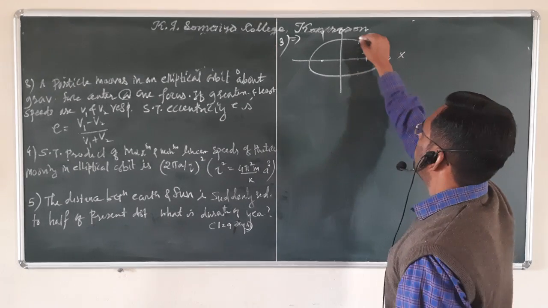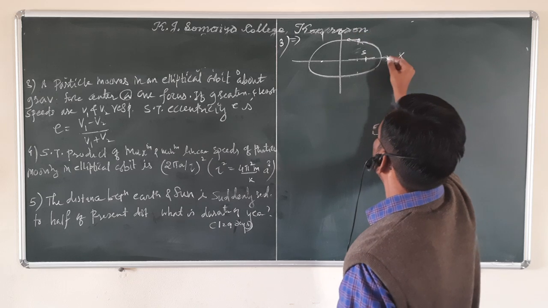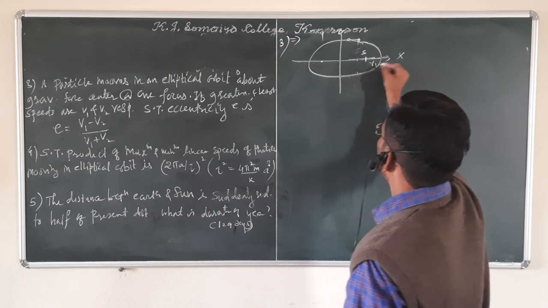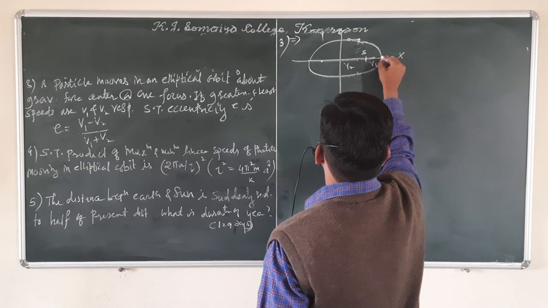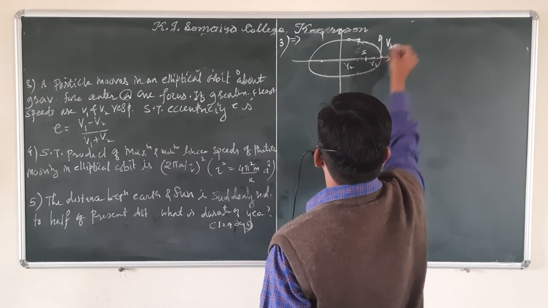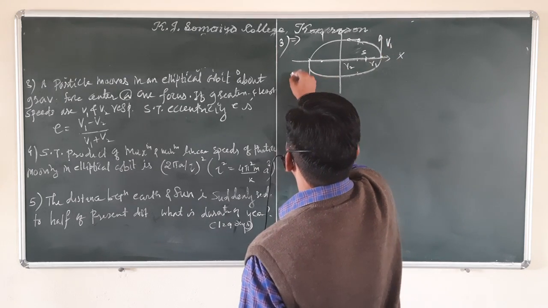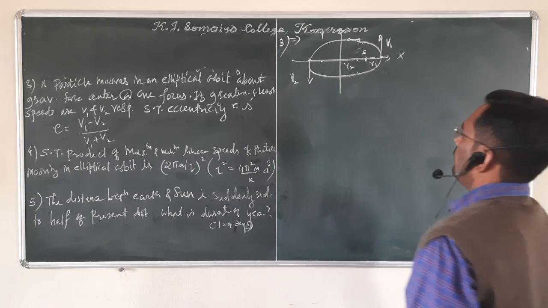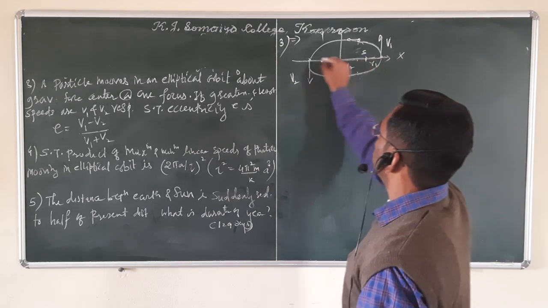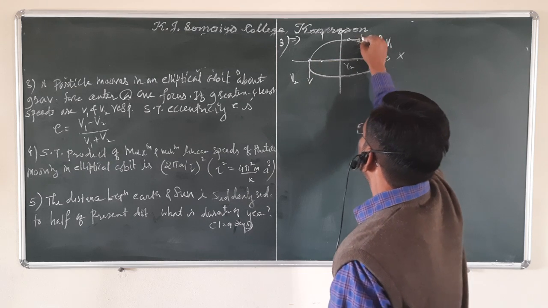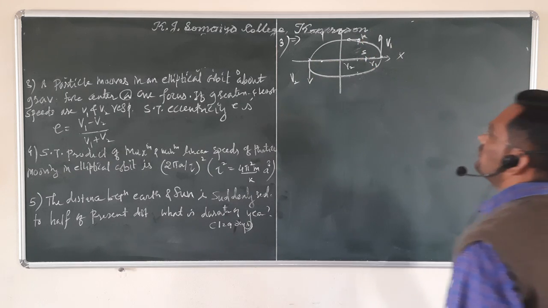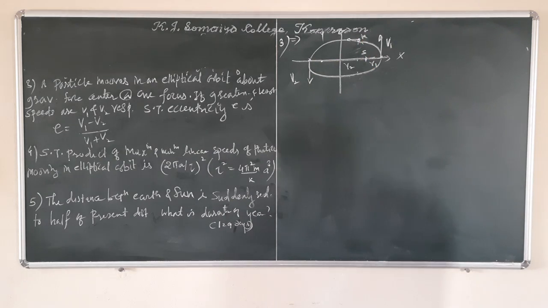Suppose the sun is situated over here and the planet is moving like this. Suppose this distance is r1, which is least distance, and this distance is r2, which is maximum distance. Suppose here velocity is v1 and here velocity is v2. Now this distance is r2, this distance is r1, velocity v1, velocity v2, and mass of planet is m, which is the reduced mass of planet and sun.